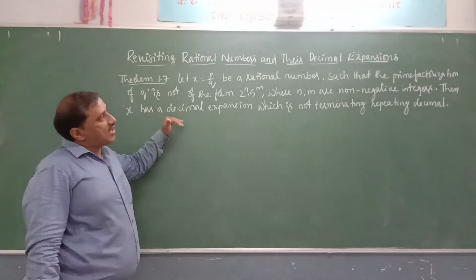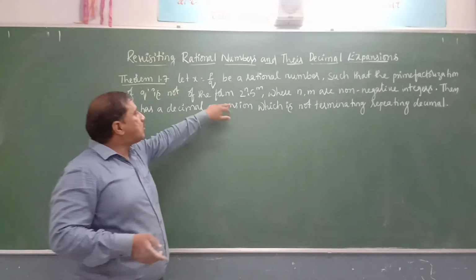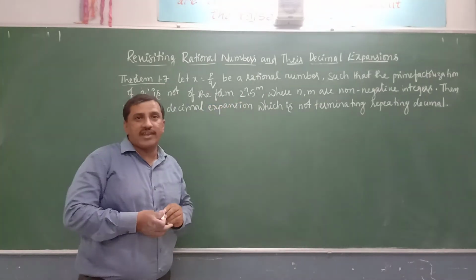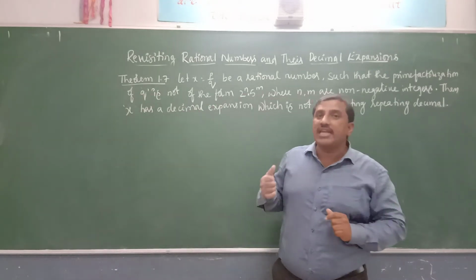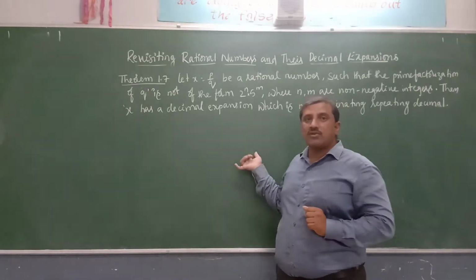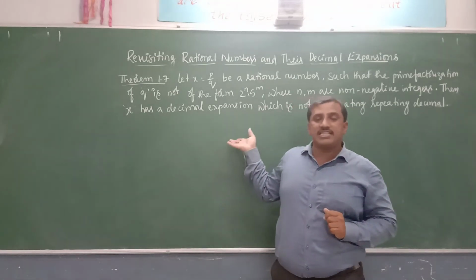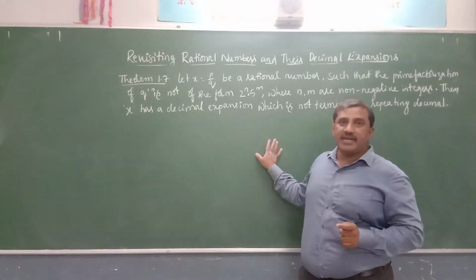So if the prime factorization of q is not in that form, meaning the prime factors of q are other than 2 and 5, then the decimal expansion of that rational number is non-terminating repeating.